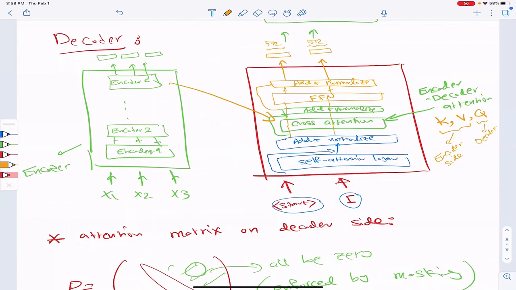You get the output vectors, and then you solve a classification problem over the dictionary that you have, see which word or token has the highest probability as your next word, generate that. That's one step of the decoder. And then for the next step, add the generated word to your input, generate the next word, and keep going.